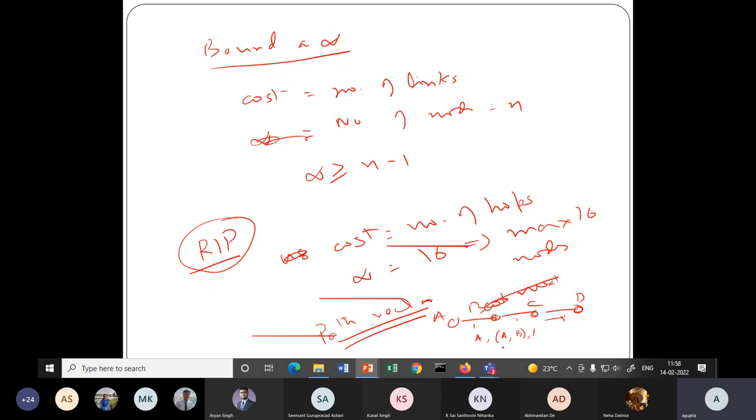When C sends to D, destination is A, path is A, B, C, cost is 2. The same thing will happen when D sends further down and so on. So the entire path is sent rather than just the next stop.